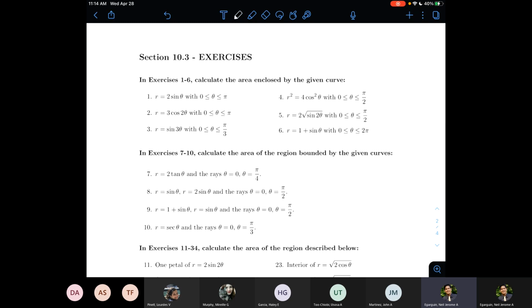But before going there, all right, so I see John has a question here. Probably, John, I can answer your question as we go along the examples for finding the areas of these polar curves, because finding the points of intersection for polar curves is very integral in setting up the area using integrals.